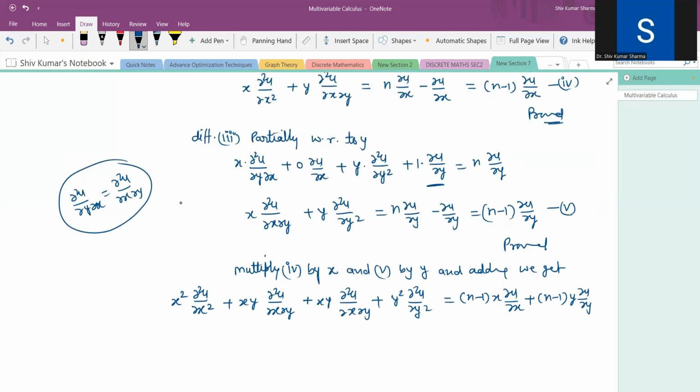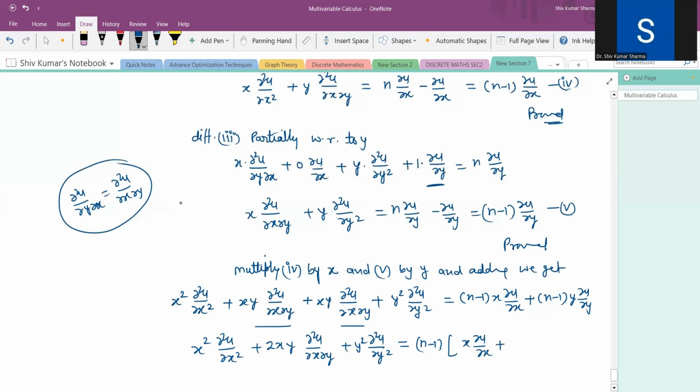So we add these two terms. So we write x² ∂²u/∂x² + 2xy ∂²u/∂x∂y + y² ∂²u/∂y² is equal to, we take n−1 common from both the terms, so we have x ∂u/∂x + y ∂u/∂y.